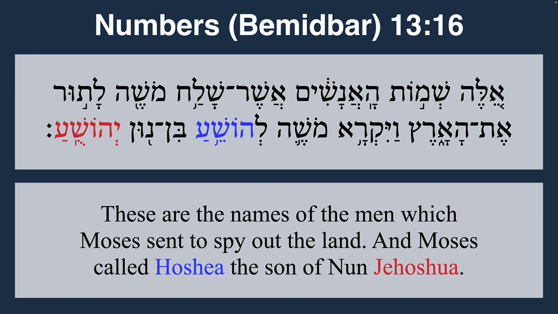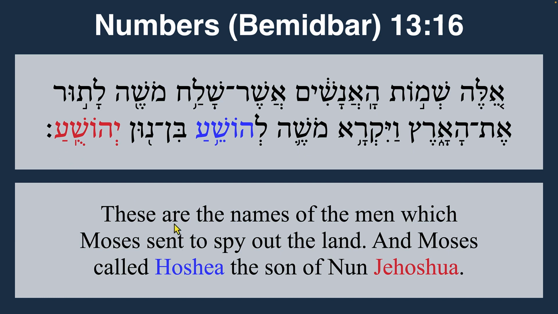So if you go to the book of Numbers, chapter 13, verse 16, Joshua's original name, or Yehoshua's original name, was Hosea. We read here, "Elle shemot ha'anashim asher shalach Moshe lathur et ha'aretz vayikra Moshe leHoshea bin Nun Yehoshua."